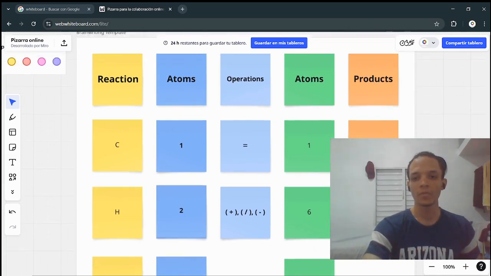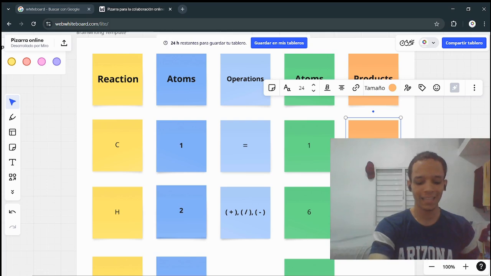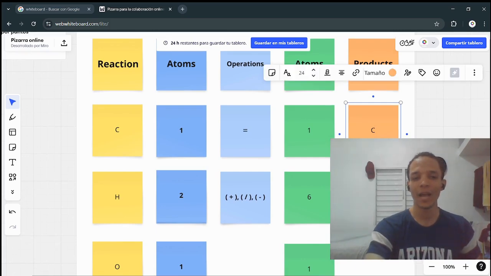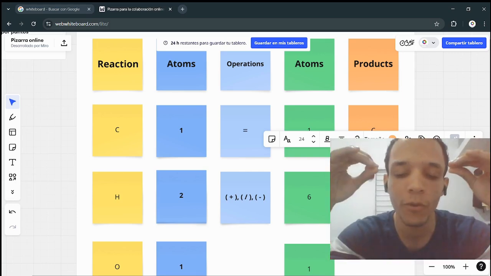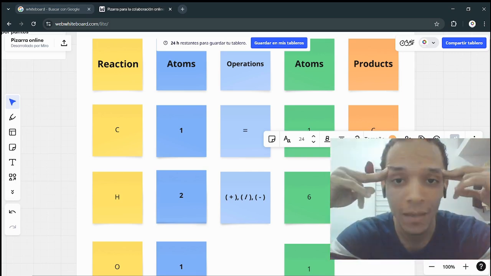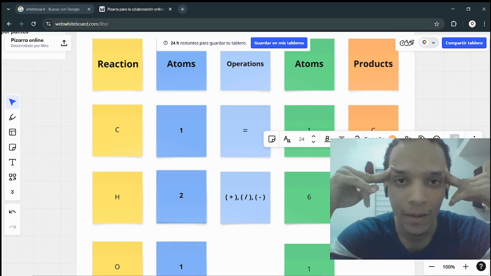Now let's go down here. What is the product? In this case, the product is exactly like the reaction. But why is a product also a reaction? Because the purpose of every formula made in chemistry is to get a reaction.